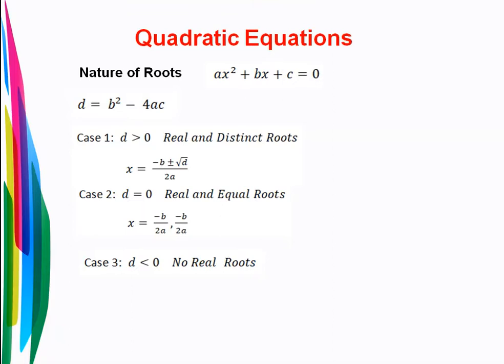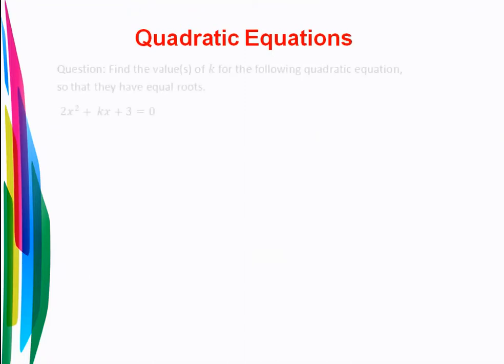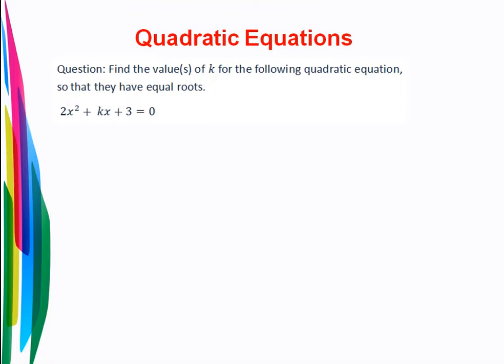Now we come to the next question. I am given a quadratic equation and we have to tell the value of k for which the given quadratic equation has equal roots. Equal roots means discriminant is equal to 0.